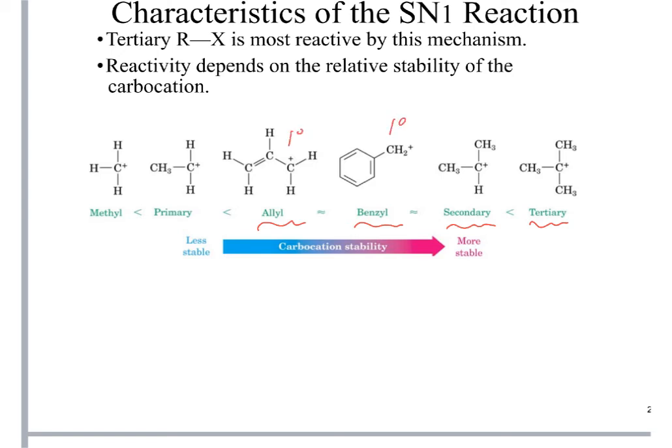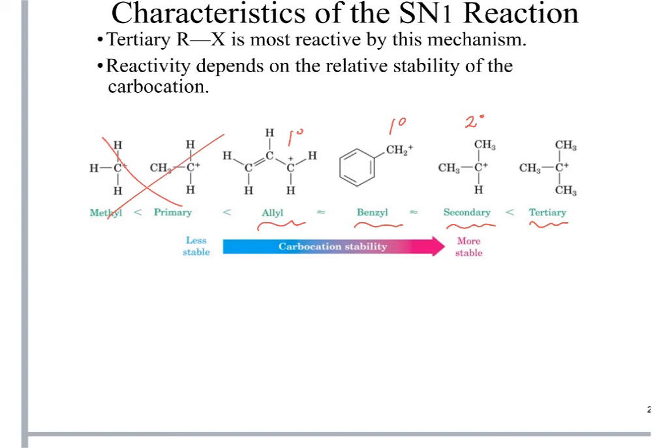So primary allylic and benzylic are as reactive as the secondary alkyl carbocations. And then we will not consider methyl and primary. Needless to say, secondary allylic and benzylic will be even more reactive. So any allylic and benzylic carbocation would be more stable than the corresponding alkyl carbocation with the same degree of substitution.